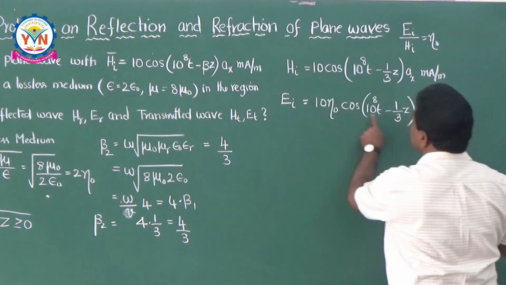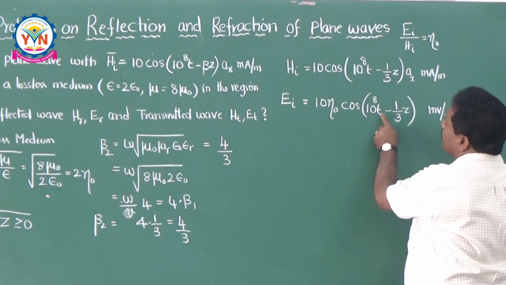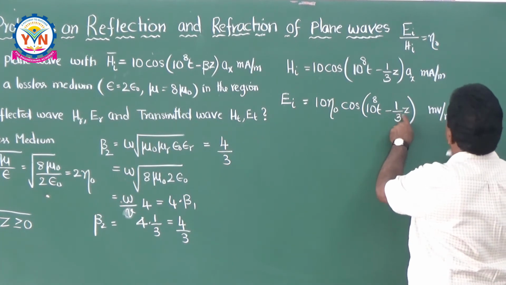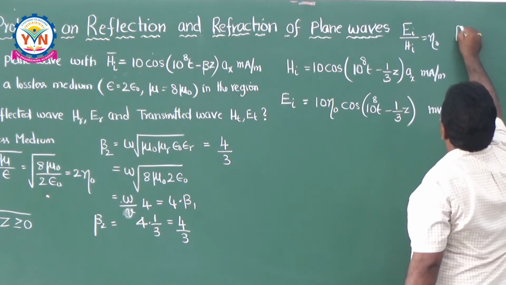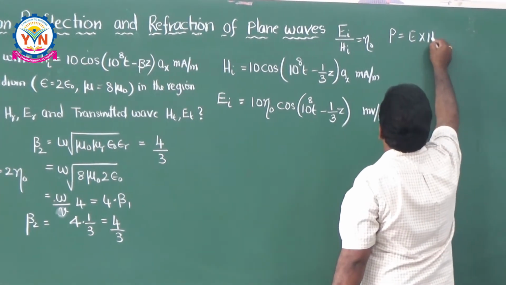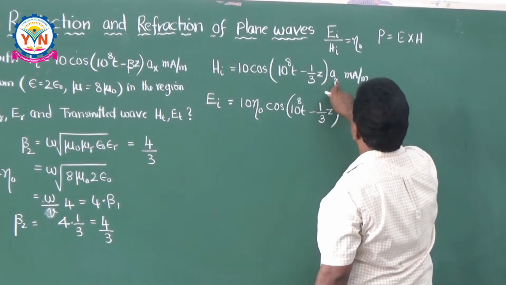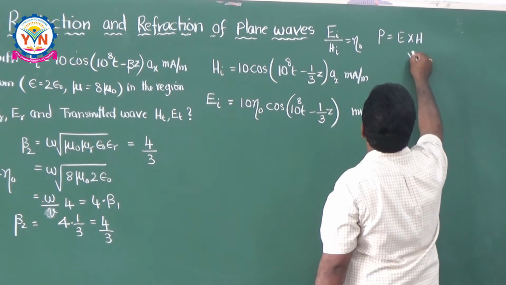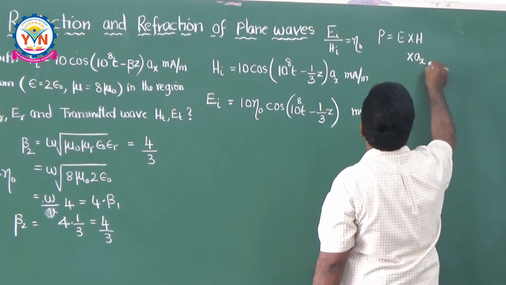And what is the direction of this? The wave is propagating in the z direction, and you know P is equal to E cross H. The magnetic field is in the x direction, that is a_x.